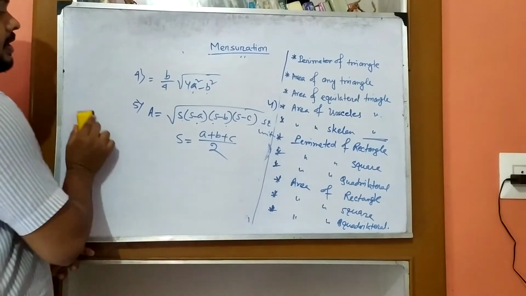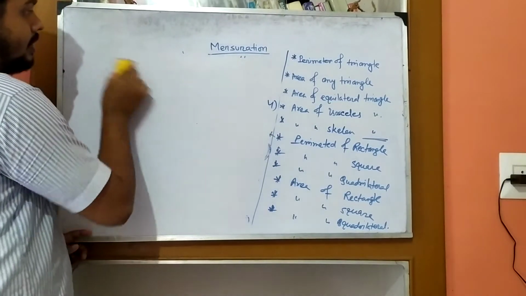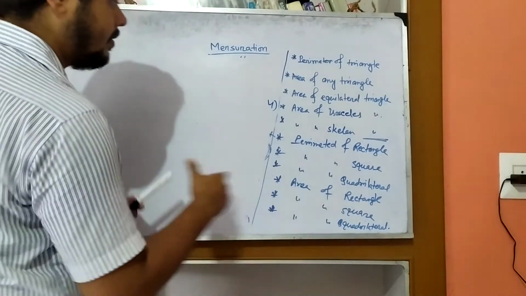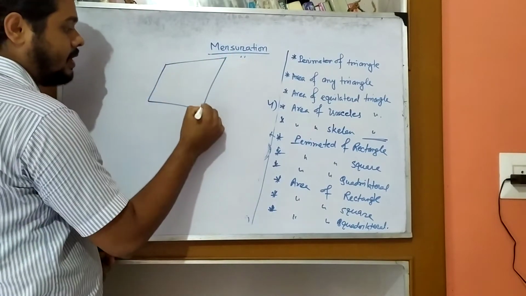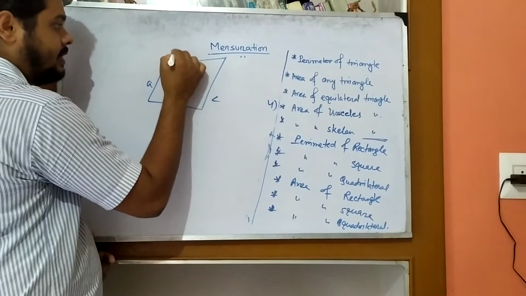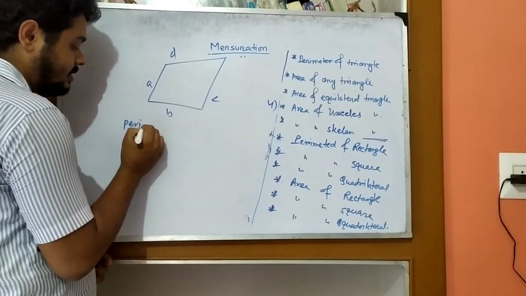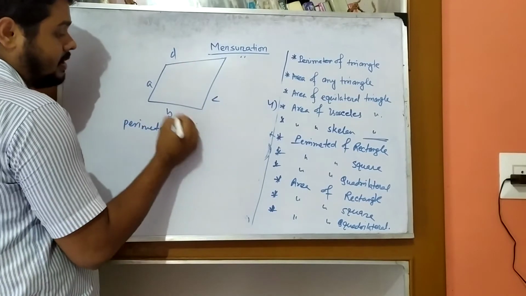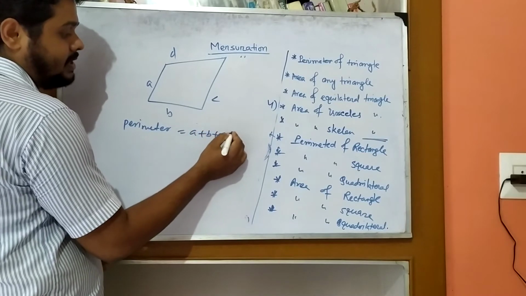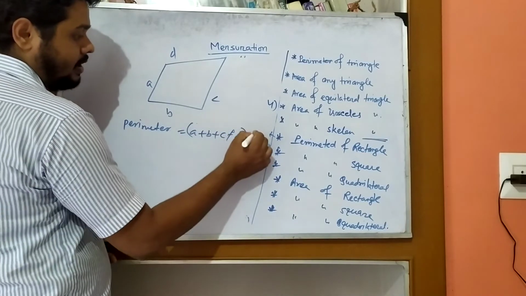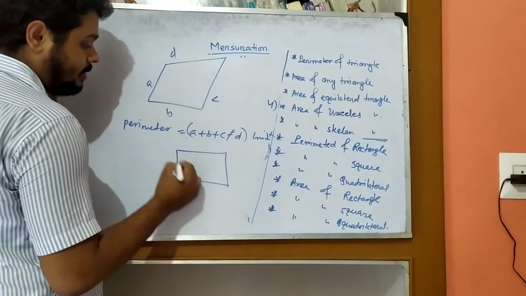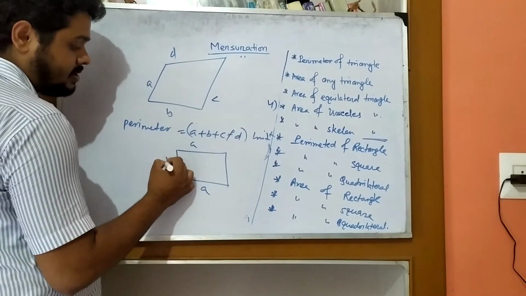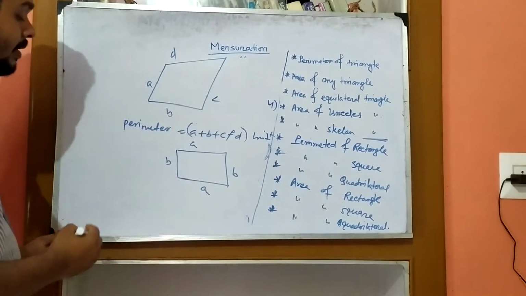Now the perimeter of a rectangle. First of all, I am considering the perimeter of any quadrilateral. Suppose this is any quadrilateral ABCD, then perimeter means the length of the fence, it is A plus B plus C plus D unit. Now in case of a rectangle, we know opposite sides are parallel and equal.